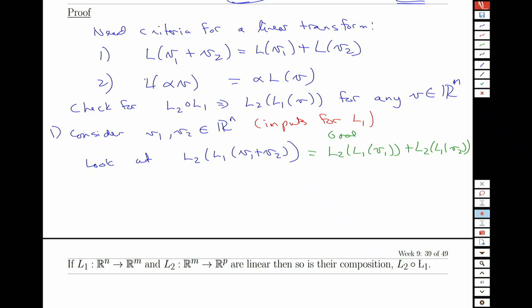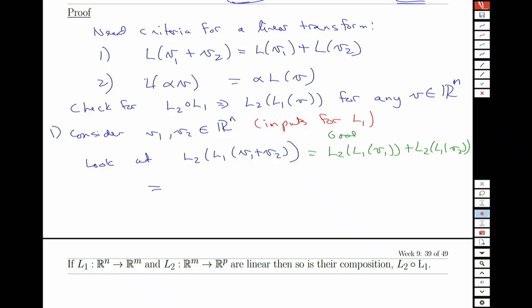That would be true if this function L2 following L1 is linear. Let me just pause there for a sec. We don't know this is true, but that's our goal. Let's see if we can tease that out using the properties of linearity.